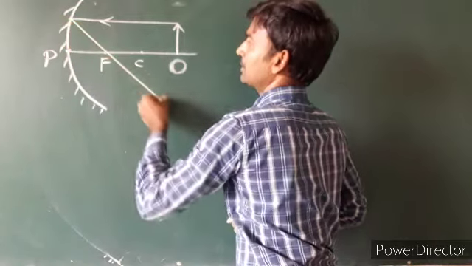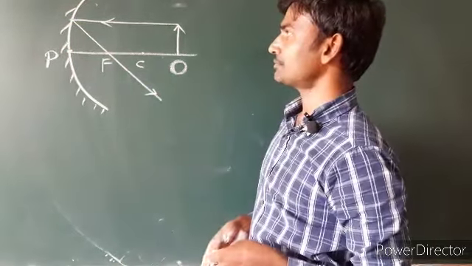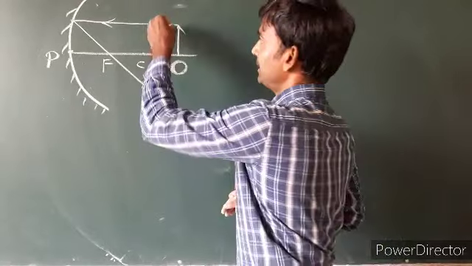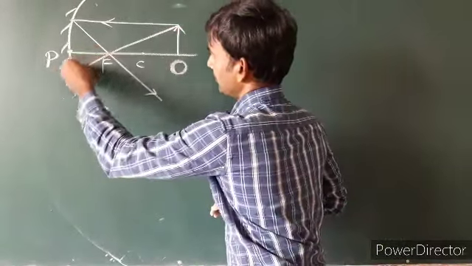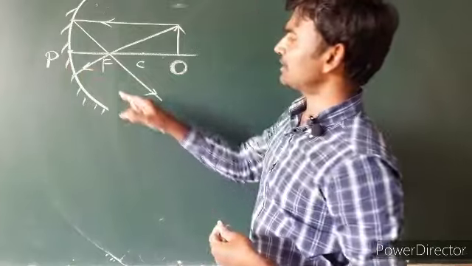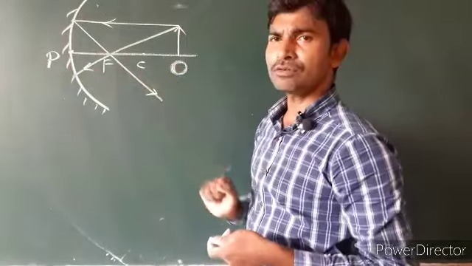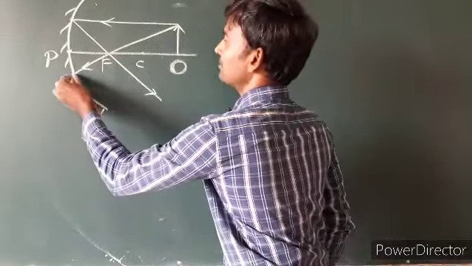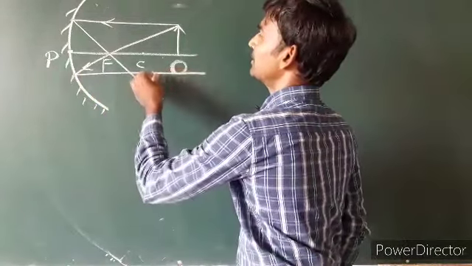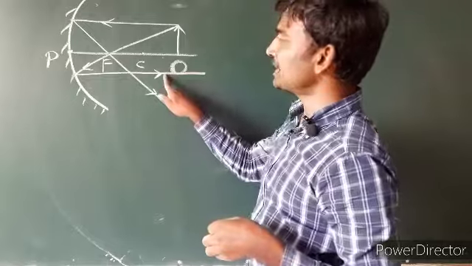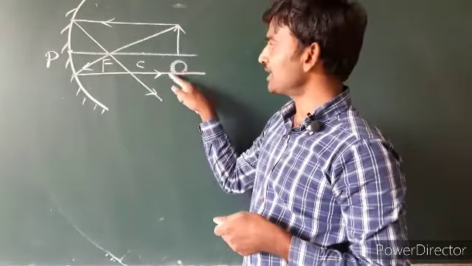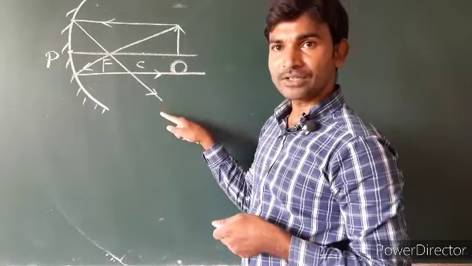Next, the second basic ray diagram: the light ray passes through the focus before reflection, and after reflection it comes back parallel to the principal axis. So this is the reflected ray, and this is also a reflected ray.